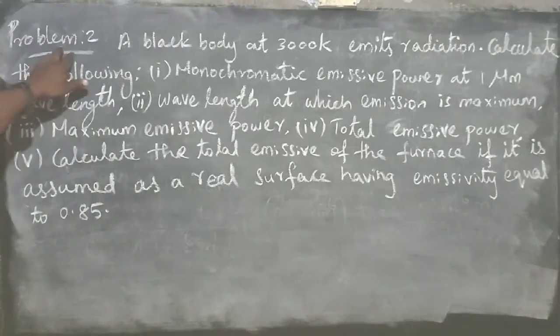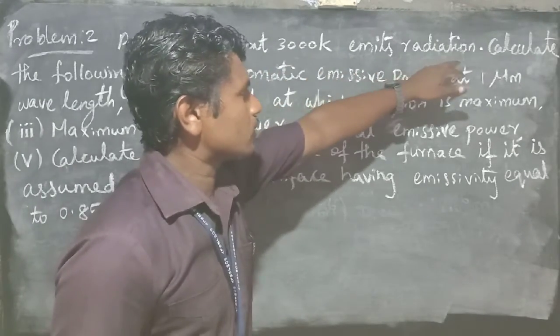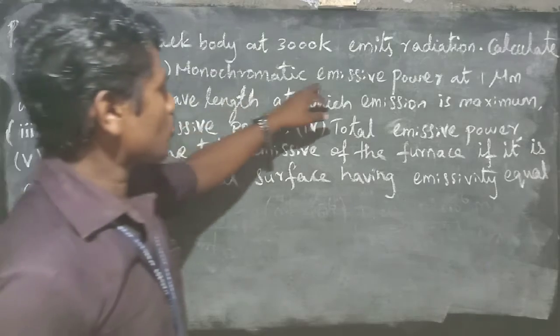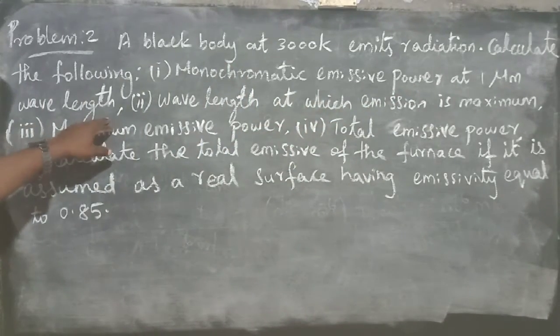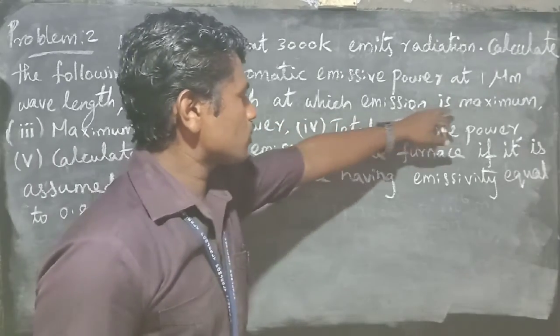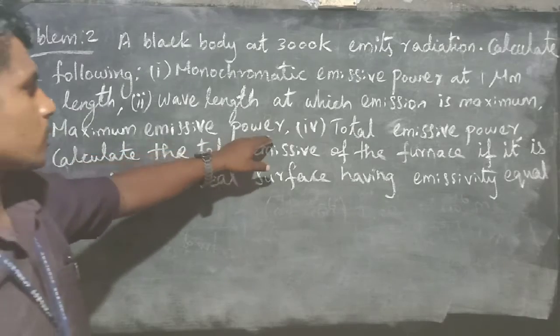Read the problem. A black body at 3000 Kelvin emits radiation. Calculate the following. First one, monochromatic emissive power at 1 micrometer wavelength. Second one, the wavelength at which emission is maximum. Third one, the maximum emissive power.